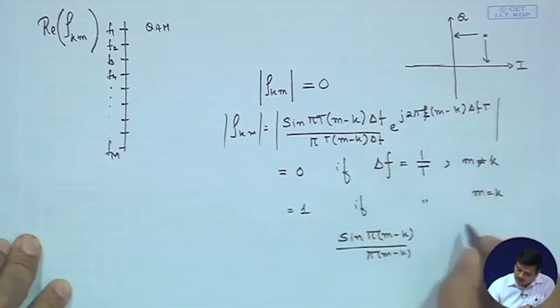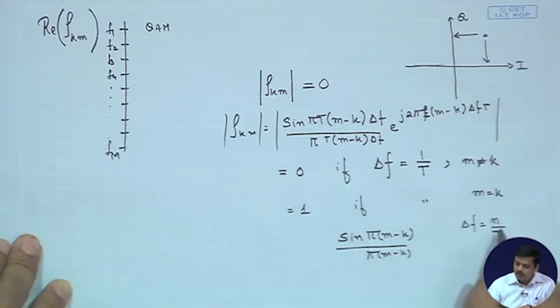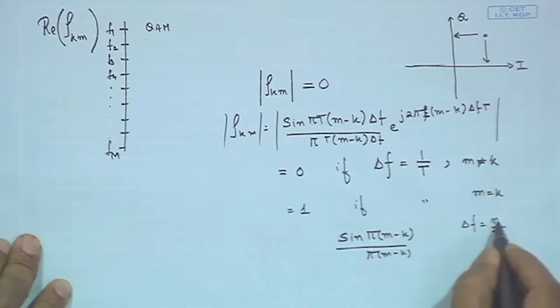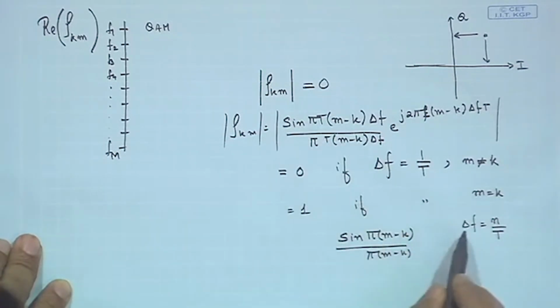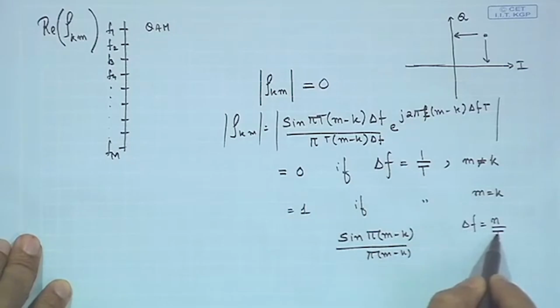So, rather you could say that delta f is equal to n upon T, for all integers n not equal to 0, you will get this going to 0. That means, all frequency separations that are multiples of 1 by T work.